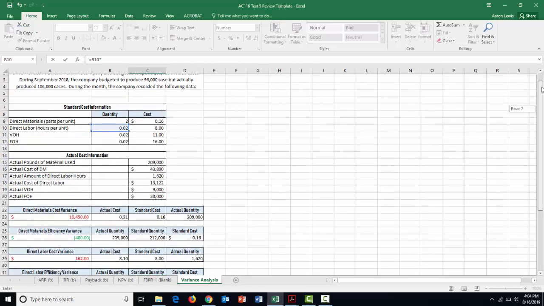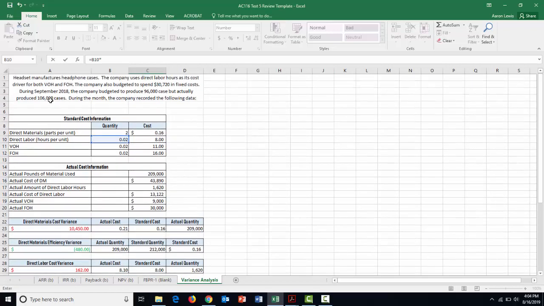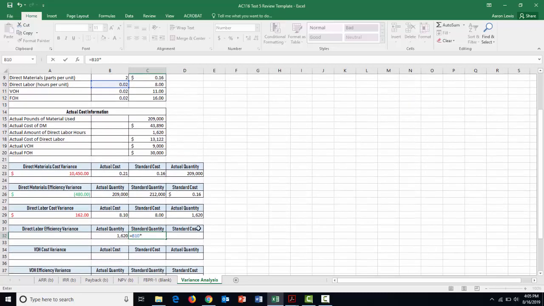One more time, if we go back to our information, we actually made 106,000 cases, so let's multiply that out times 106,000. It means that we had a standard quantity of 2,120. We should have taken 2,120 hours to make these cases.